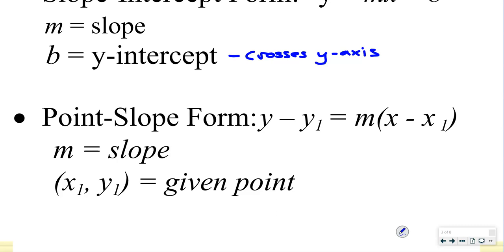So if we know a point, our given point of x1, y1, we can plug it in into this formula. And we also need to know the slope. Slope equals m.